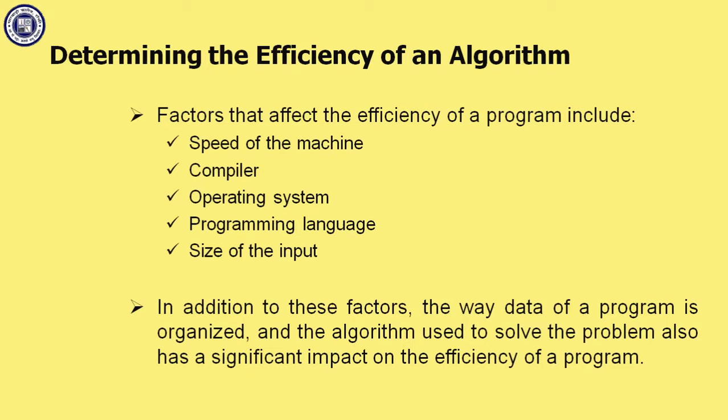In addition to these factors, the way data of a program is organized and the algorithm used to solve the problem also have a significant impact on the efficiency of a program. That is the data structure as well as the algorithm.